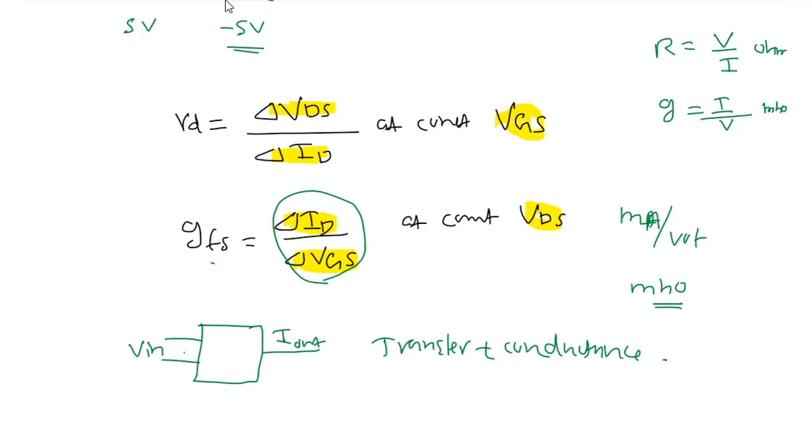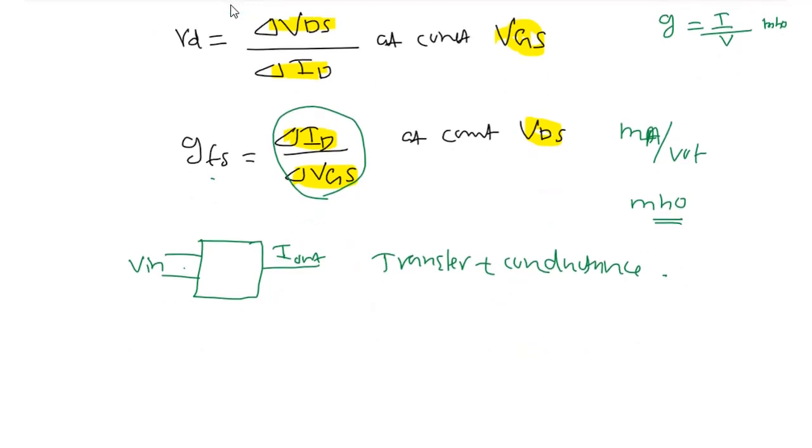Now we have one more parameter, and that is the amplification parameter or amplification factor mu. It is defined by the equation mu is equal to delta VDS by delta VGS at constant drain current ID.